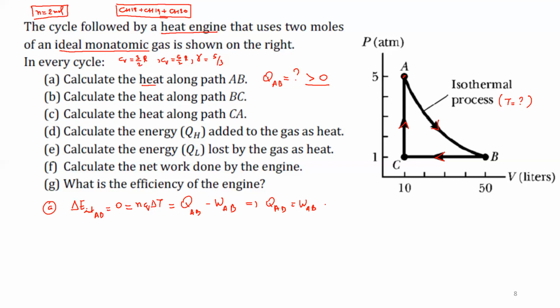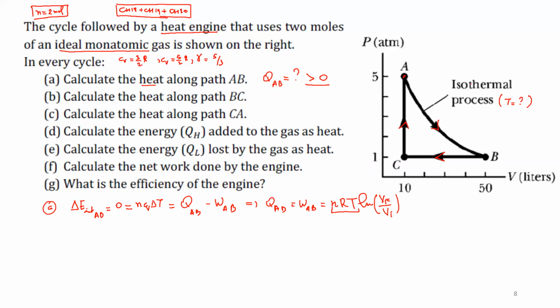Now, what is the work AB? We already calculated this. I will not go through the integral PdV, but we already demonstrated that for isothermal, this is equal to nRT ln of V final divided by V initial. And this is in your formula sheet, by the way. Now, what is nRT? I know that T is constant, so nRT is a constant.